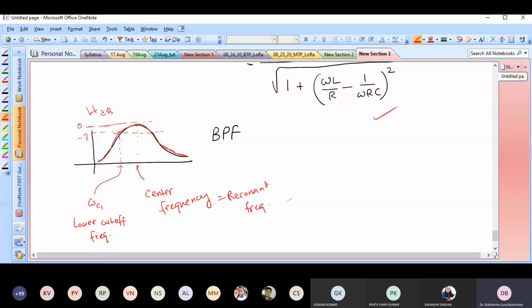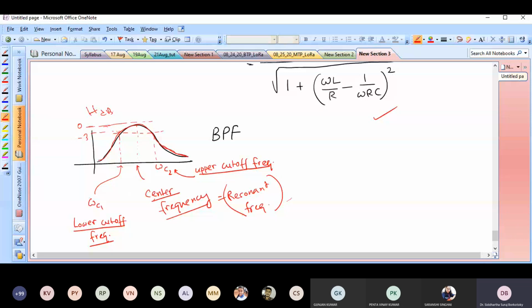And this other term, omega C2, is called the upper cutoff frequency. So basically you have these two frequencies, as I said before. For a band pass filter, you have two frequencies, and then there is a center frequency, which is nothing but the resonant frequency. So this is what you get.